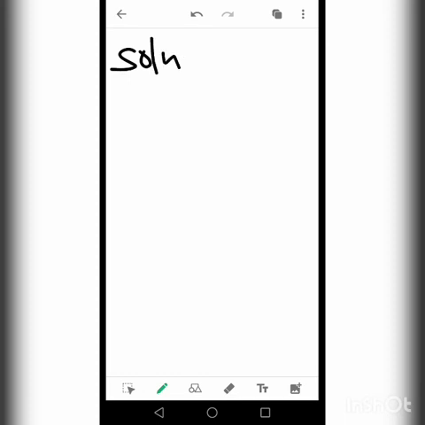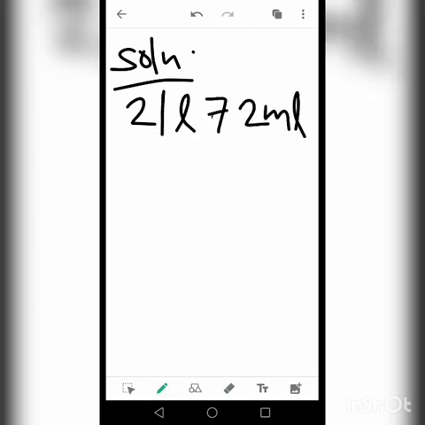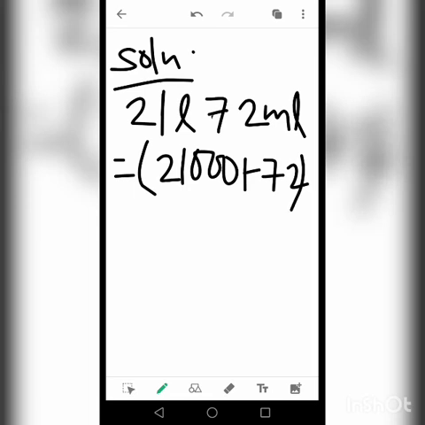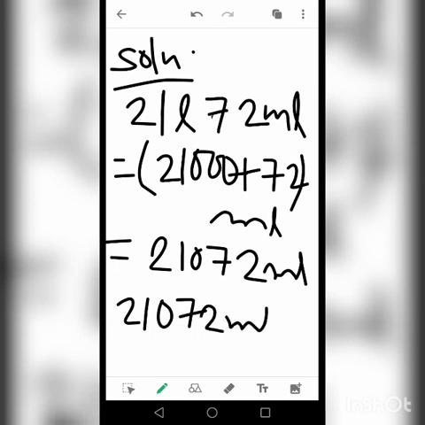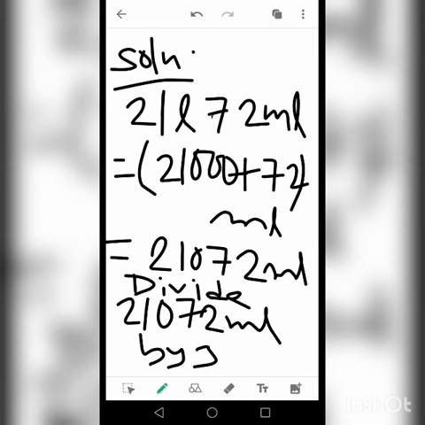Solution. 21 liter 72 ml, you change to milliliter. So it can be written as this. So you have to divide 21072 by 3.